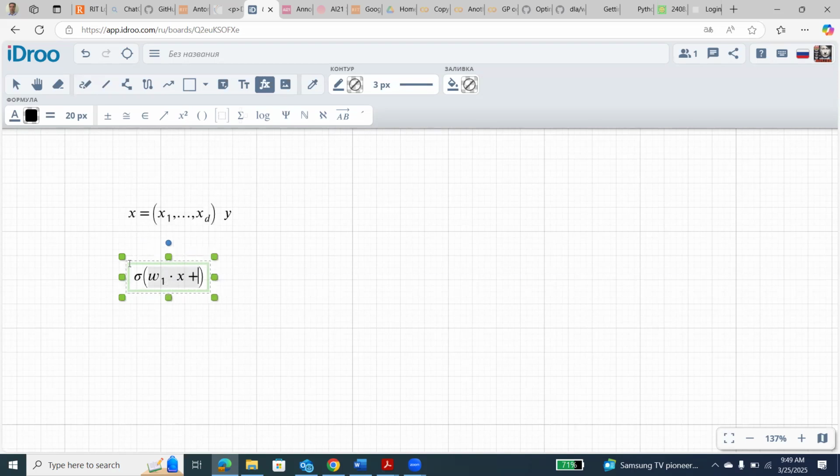So the dot product of the weights w1 and x, where w1 now is a vector of size d, plus b1.